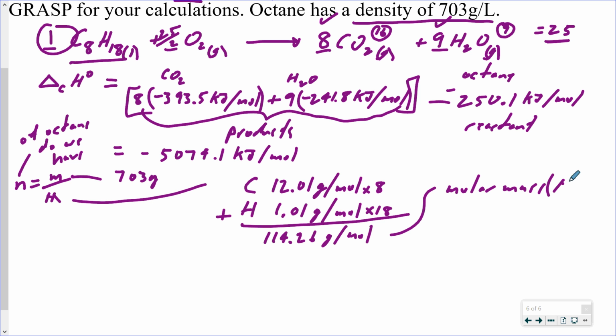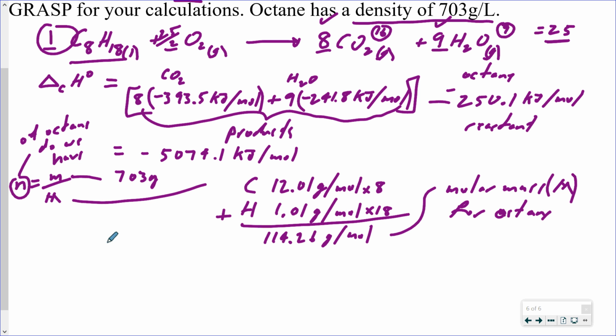And again, this is molar mass, or big M, for octane. So what does that allow us to do? Well, it allows us to calculate in 703 grams, or 1 liter, how many moles we actually have. How many moles of octane are there in 1 liter?